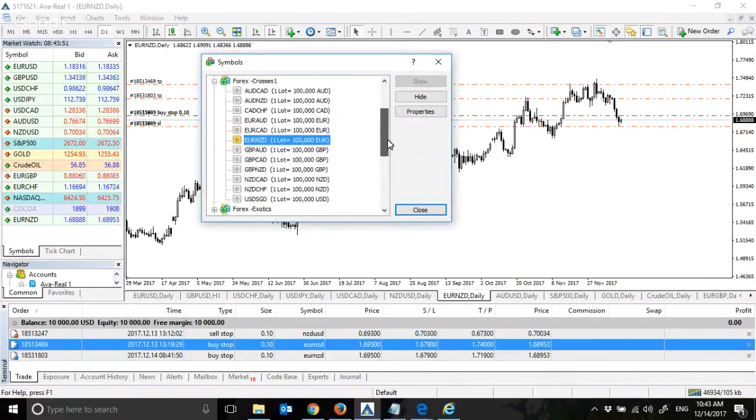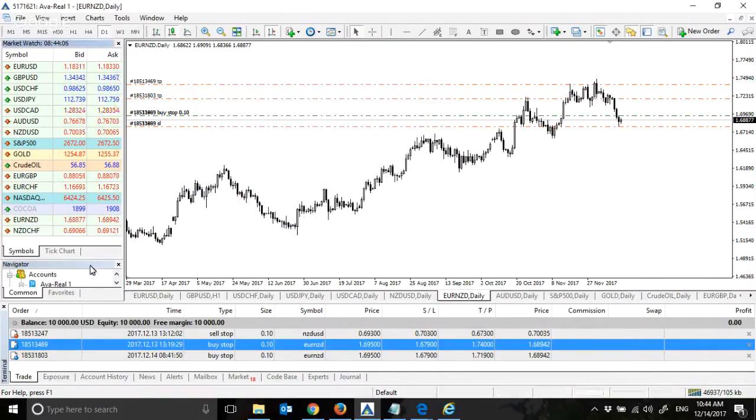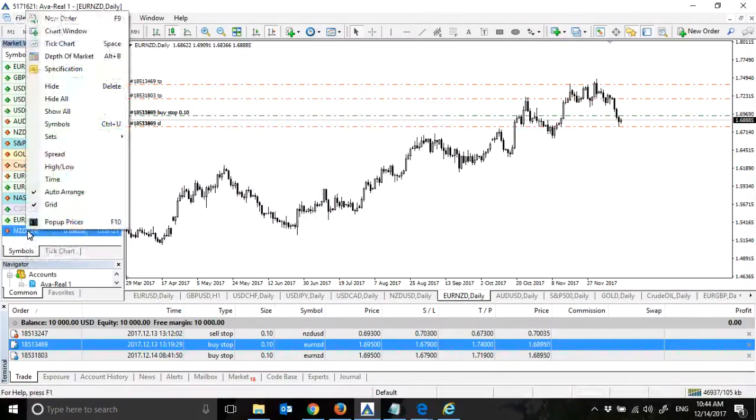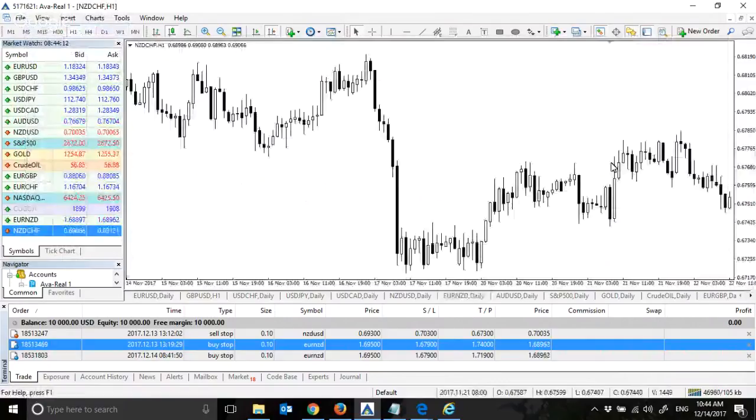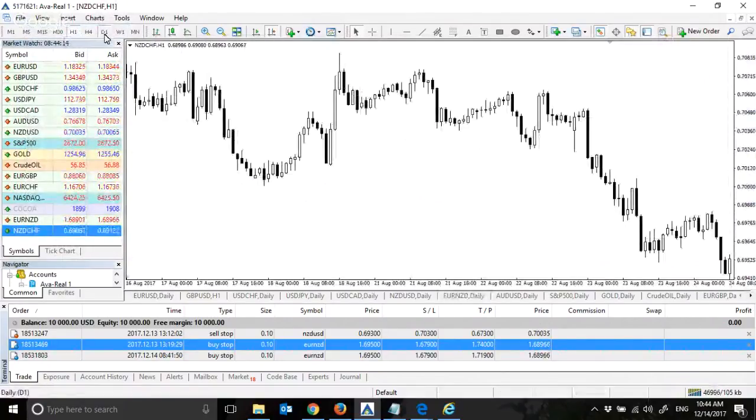That's why I'm expecting a correction, or a move back to its bearish trend in the upcoming days. And I insist on taking the opportunity here. I'm adding the New Zealand Swiss franc pair to my watch list. And this is the chart window that I'm opening.